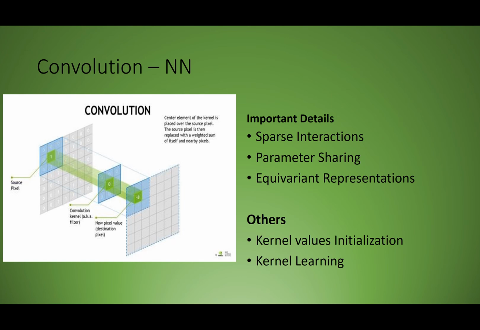There are a few important details that made convolution networks very popular and efficient. One is sparse connectivity. As you can see in this image, when you apply a kernel, which is also called a filter or weight matrix, on a patch of an image, you do convolution and generate an output which will be input to the next layers in the network.